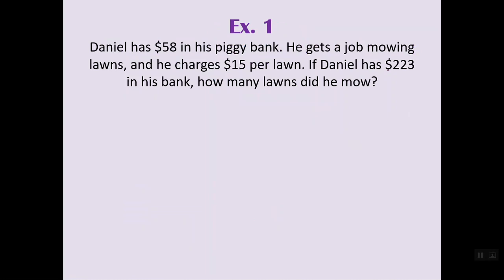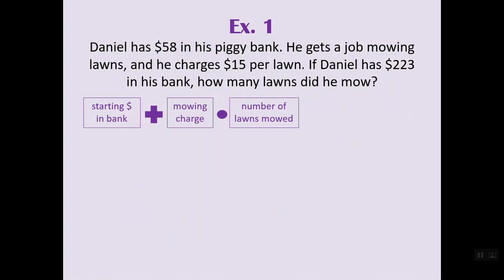So we're going to write that out in our word equation. So we're going to start out with that starting money that's in his bank. And then what we said was we were going to add to that. So we're going to put plus. And then we decided the amount that gets put in depends on what he charges and how many lawns he mows. So we're going to say the mowing charge times the number of lawns that he mows.